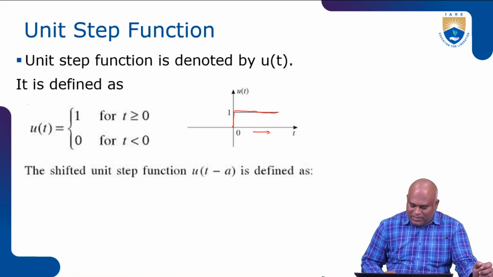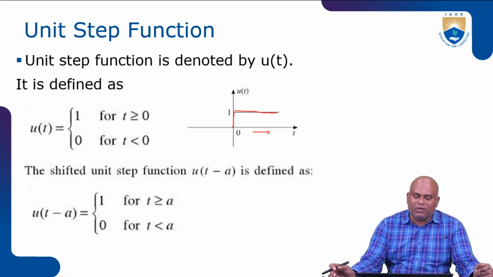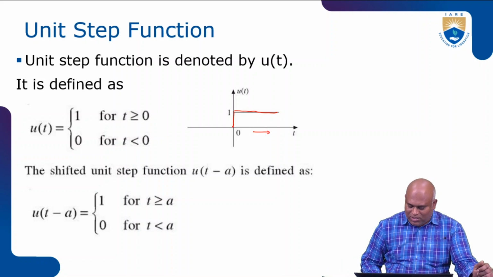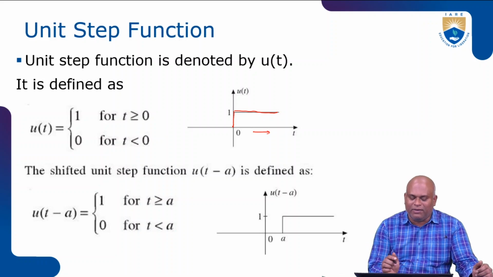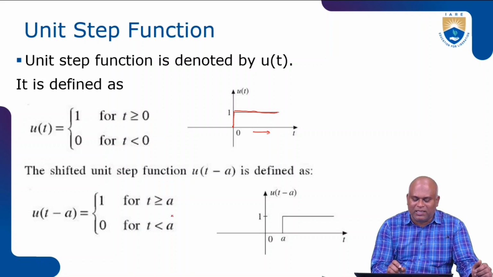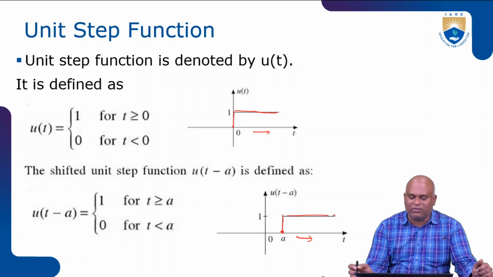It is described in mathematical form as u of t minus a equal to 1 when t is greater than or equal to a, and 0 for t less than a. Graphically, the signal is 0 before a; when t is at a, the signal becomes unity. After that, for all t values, the signal remains unity as a continuous value.